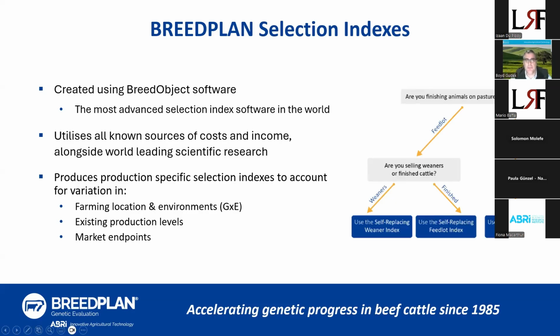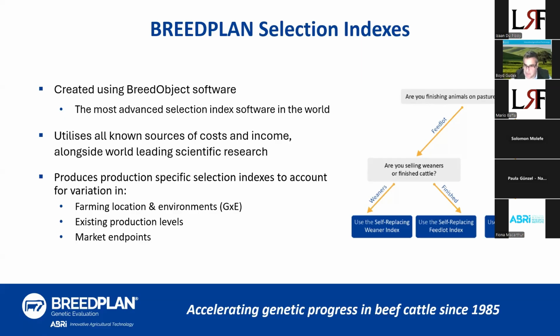And it produces production-specific selection indexes to account for variation in farming location environments. So some people, a geneticist, would call that G by E, or genotype by environment interaction. Where it also accounts for variation in existing production levels.